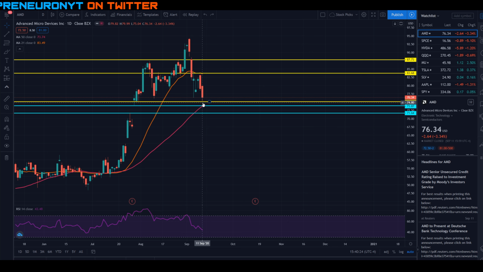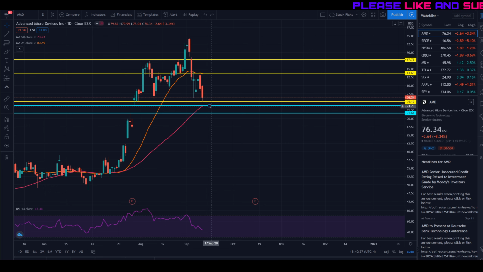So I'm going to assume that if we trade below 75 on Monday and we're able to confirm that, the next stop on AMD's destination is going to be somewhere between 71 and let's say $74. So it's going to continue the downtrend if we break the support level.